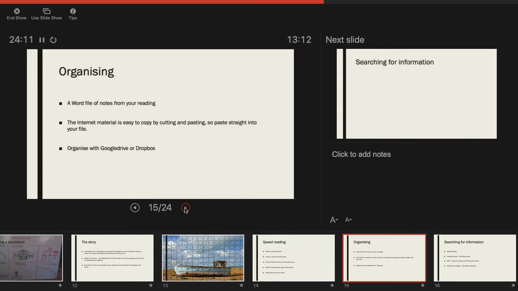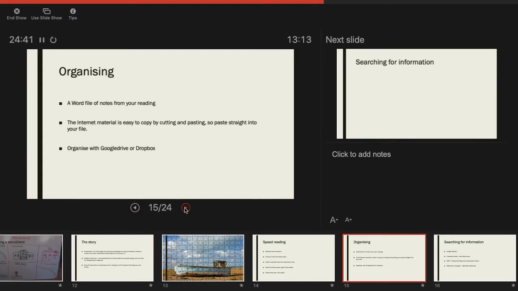So I'll have a template, and then I'll have another folder, and in that folder I will have journal articles or books or book chapters. So use Google Drive or Dropbox, because nowadays it's important to store your information on a cloud system, because you don't know when you might need that later on.